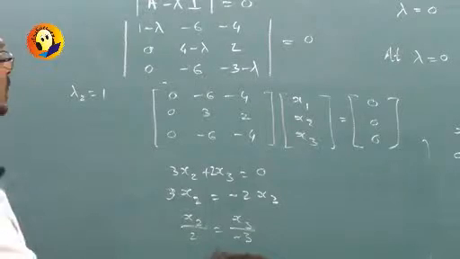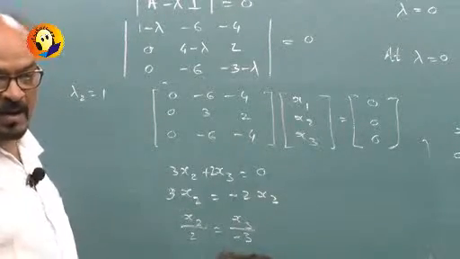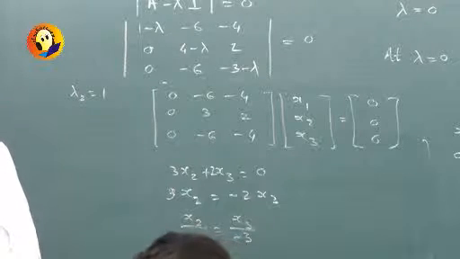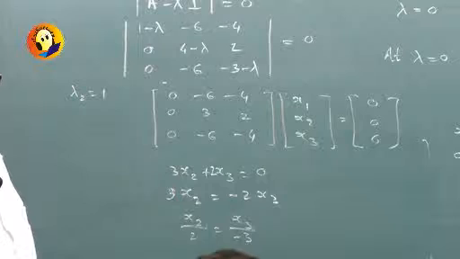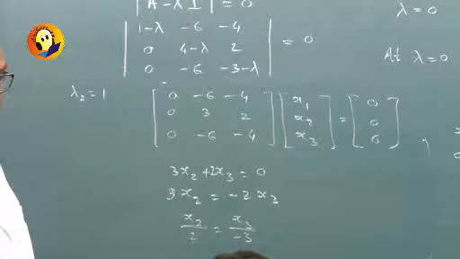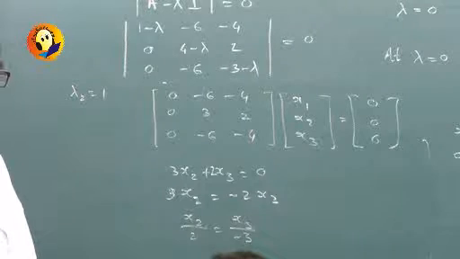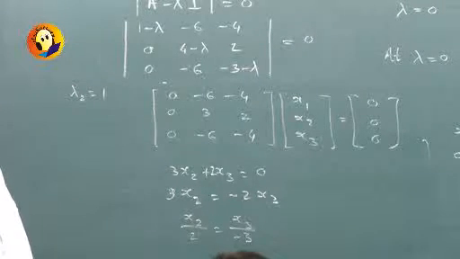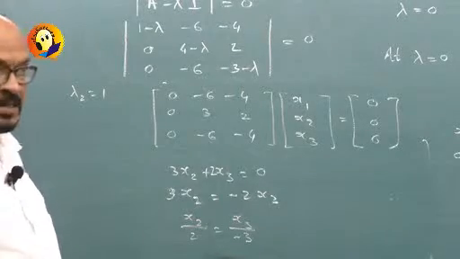But then what is the conclusion? You will have to just look back, and we had got mod A to be equal to 0. When mod A is 0, what does it mean? Inverse does not exist, right?